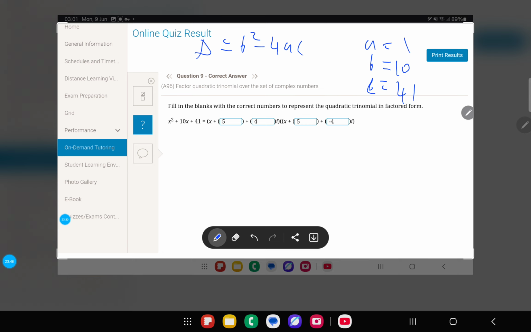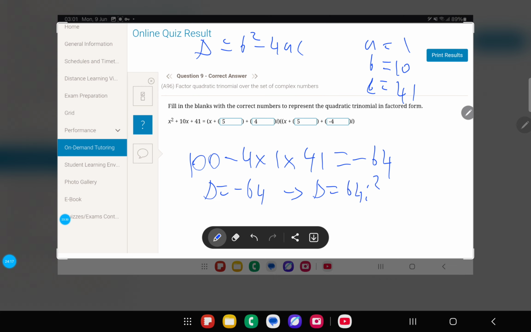Now just substitute for the respective variables. b squared, which is 10 squared, 100, minus 4 times a, which is 1, times c, which is 41. 100 minus 4 times 1 times 41 is negative 64. We got the same delta as the last question. Since delta is negative, it's complex, so you put it as delta equals 64i squared.